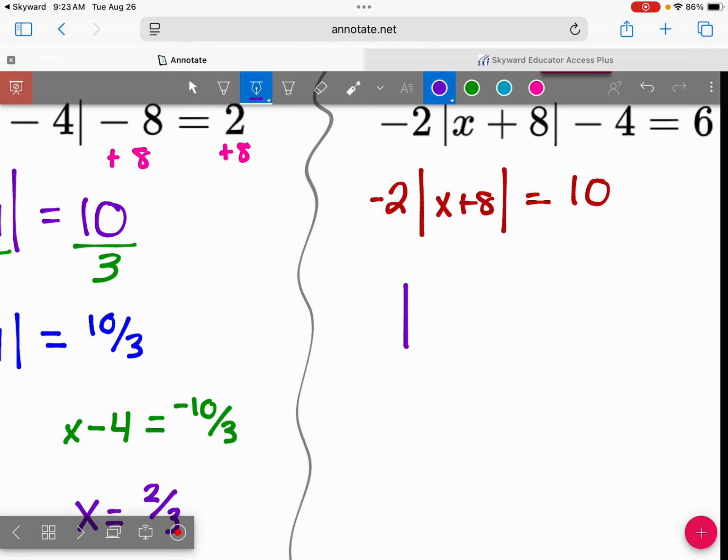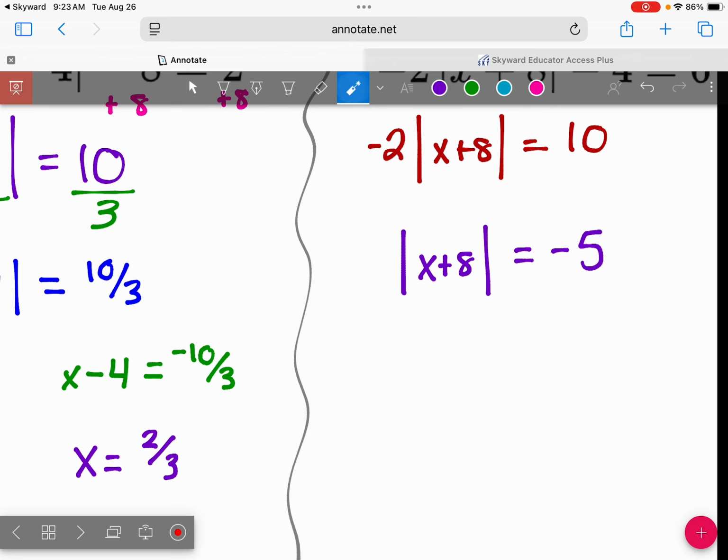So we're going to have our absolute value of x plus 8 equals negative 5. Then what?